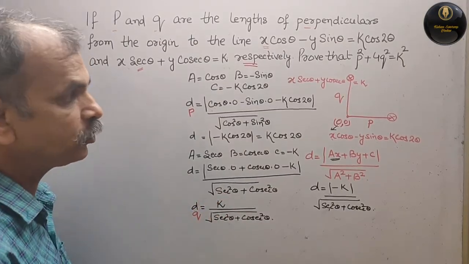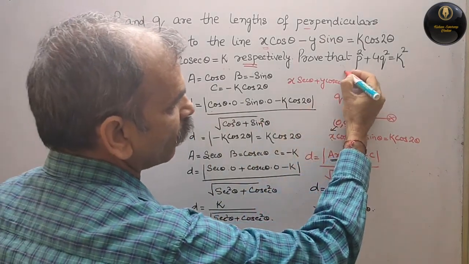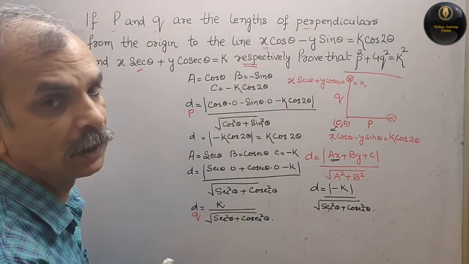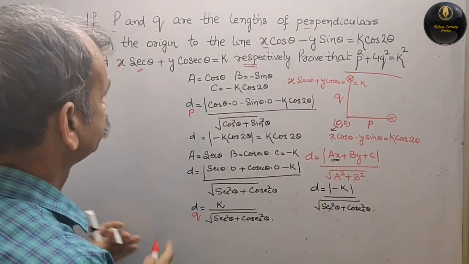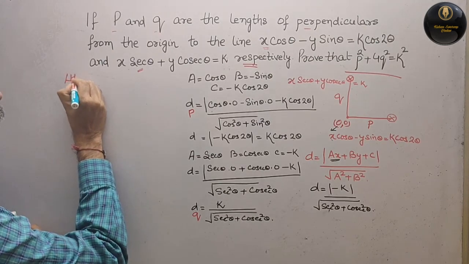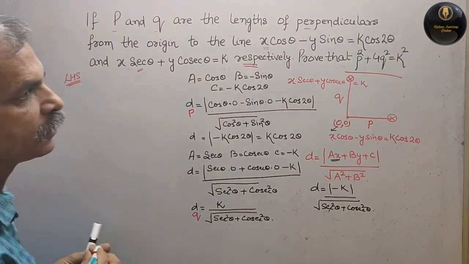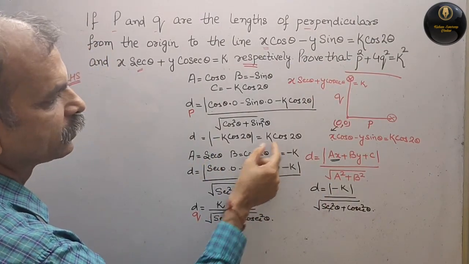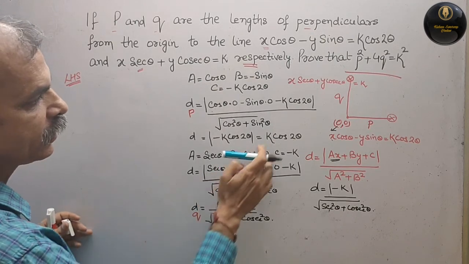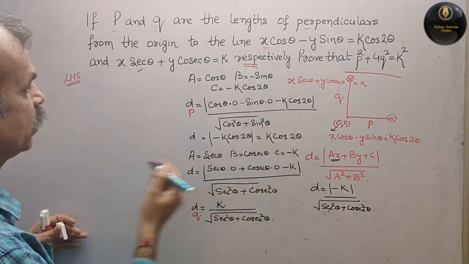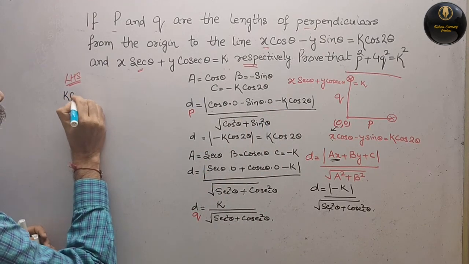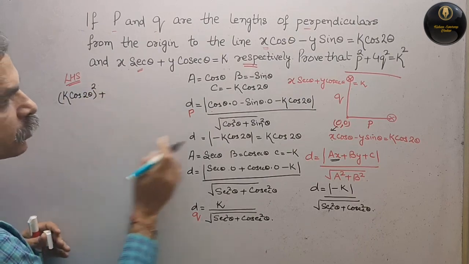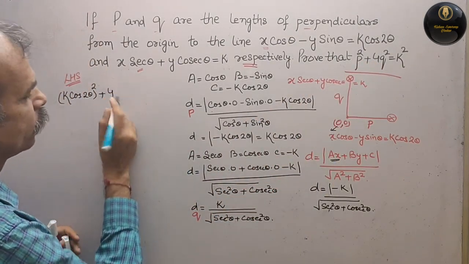Now substitute these two values in what we have to prove, that P square plus 4 Q square is equal to k square. So we will take the LHS. That is P square, that means k cos 2 theta whole square, plus 4 Q square.